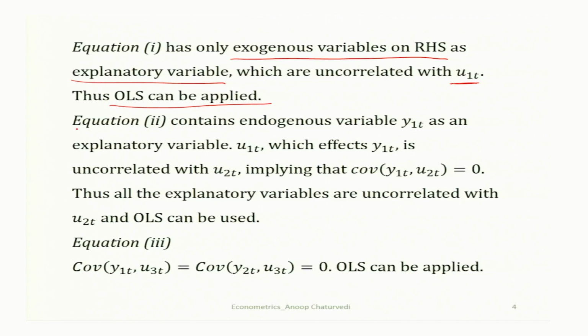Now, we look at the equation 2. Equation 2 contains endogenous variable y 1 t as an explanatory variable. So, on the right hand side as explanatory variable you have y 1 t, but u 1 t which affects y 1 t is uncorrelated with u 2 t.